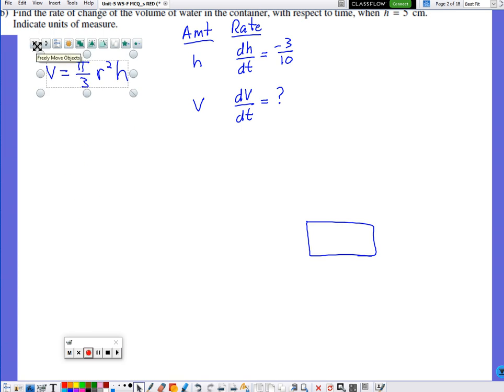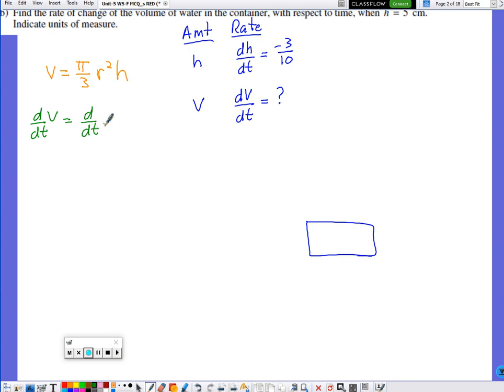Take the derivative. So I go d over dt of V, and here I go d over dt of pi over 3 r squared h.